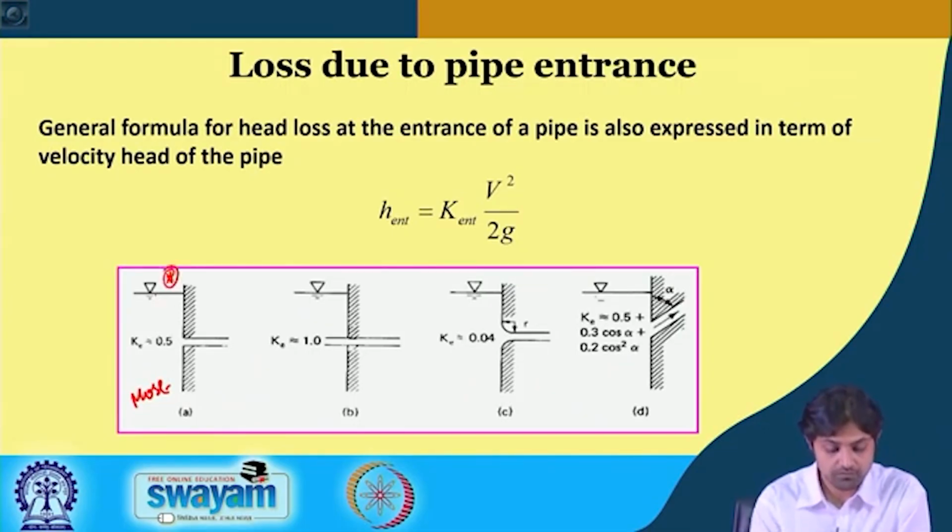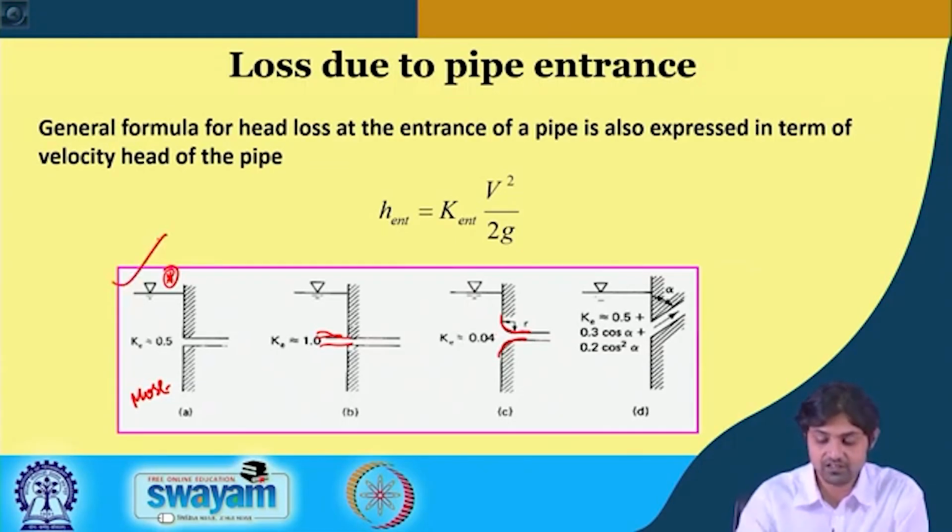You just need to remember this one, pipe entrance: if nothing is given you have to take K entrance as 0.5. In this case where the pipes are protruding inwards, Ke is going to be 1.0, so all the energy is going to be lost. If there is a smooth curve like this, you saw in the third one here, it is going to be 0.04, but this is most important.